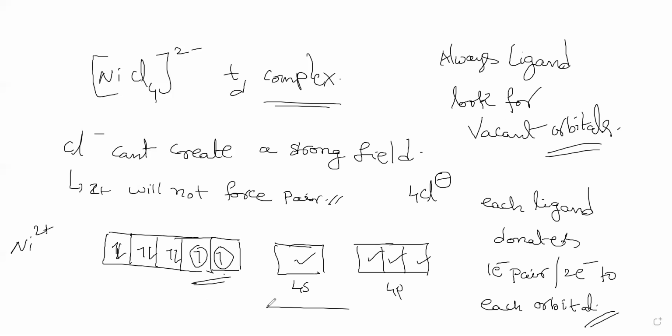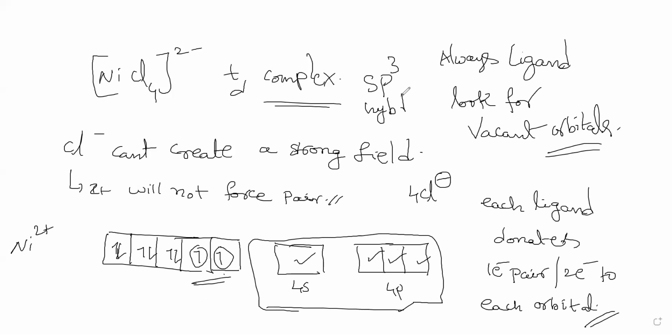So here the vacant orbitals, 1s and 3p orbitals, are available. So it is sp3 hybridization that you are going to get. When I say sp3 hybridization, there will be 4 orbitals, so that forms a tetrahedral complex.